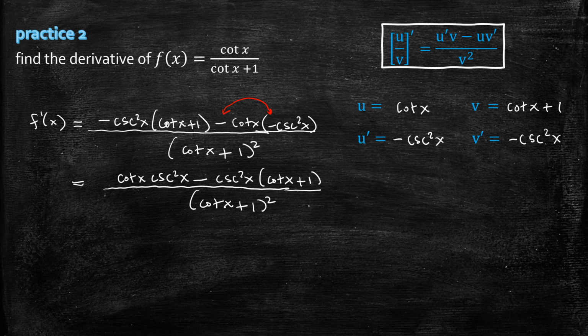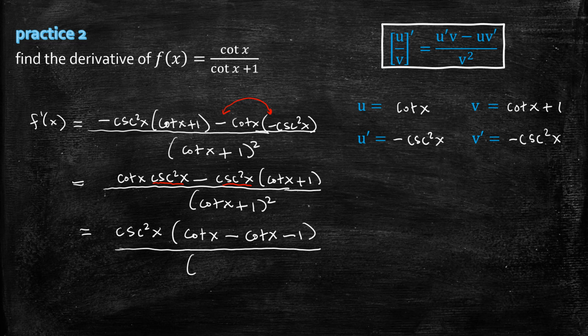So now what I'm going to observe is that it seems like cosecant squared x is a common factor to both terms in the numerator, so I'm going to pull that out. So cosecant squared x, factor that out, and I'm left with cotangent x minus cotangent x plus 1, but that negative will distribute in to make minus 1 here.